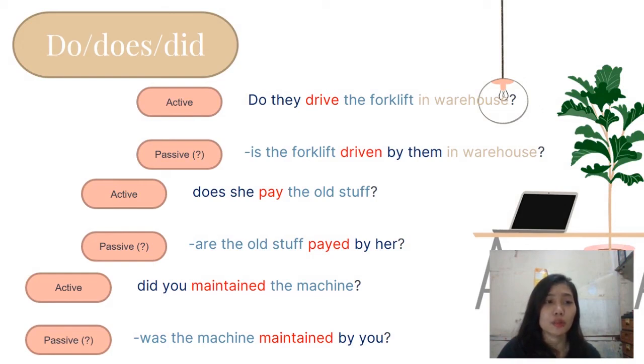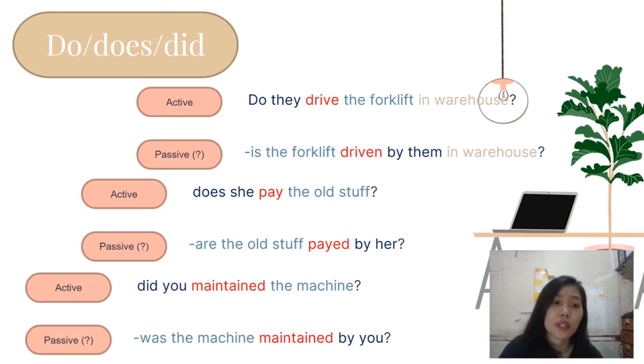And the question with do, does, or did. For the example, do they drive the forklift in your house? If we change to passive interrogative, is the forklift driven by them in your house? The second example, does she pay the old stuff?